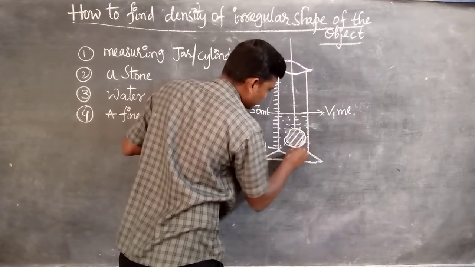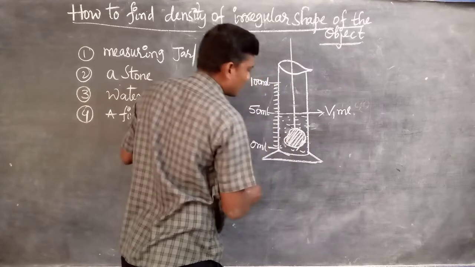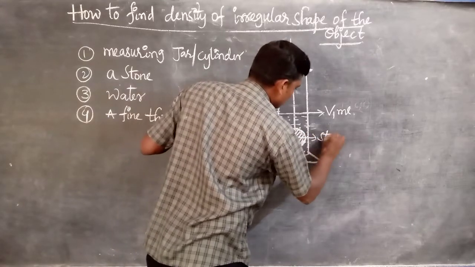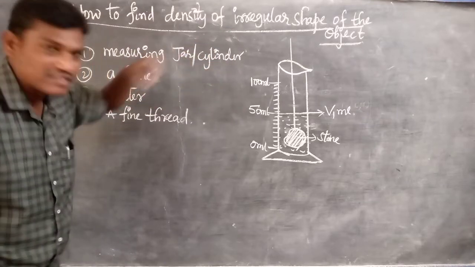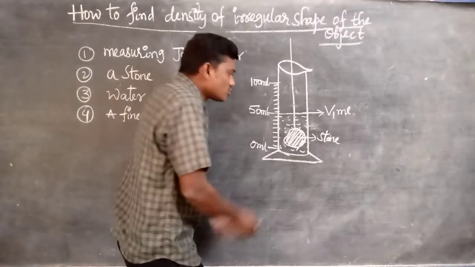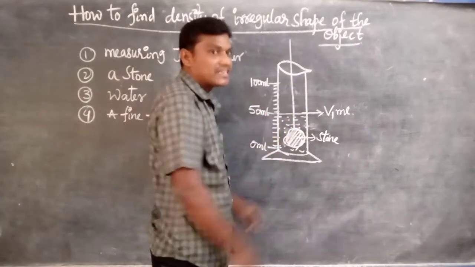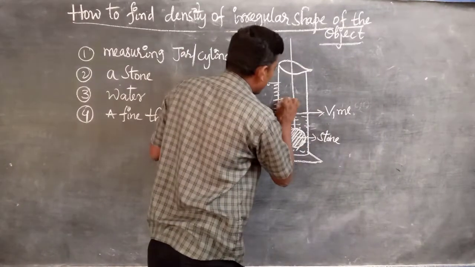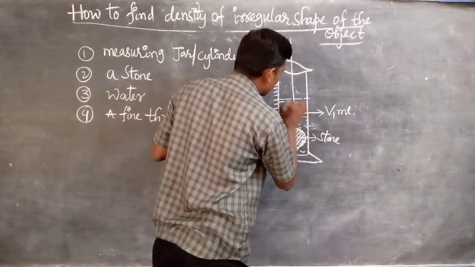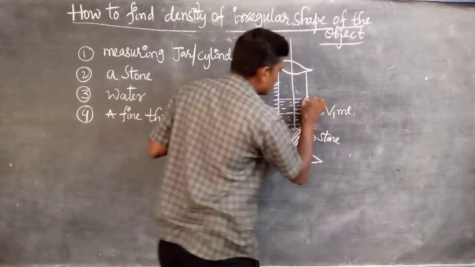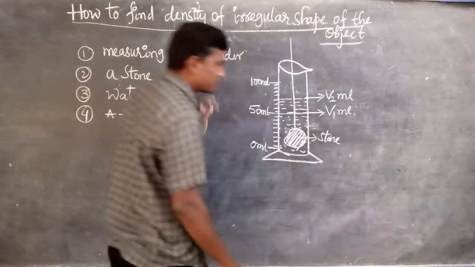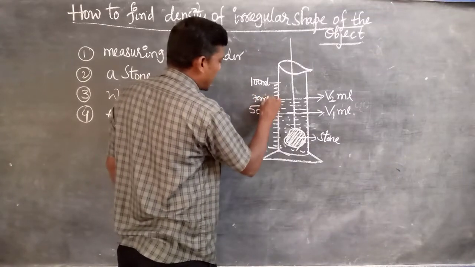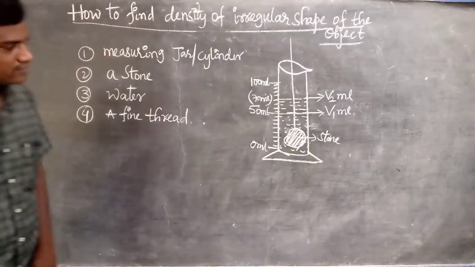When the stone is completely immersed in the water in the measuring cylinder, the level of the water rises slightly and reaches a particular level. That level we call V2 ml. For understanding, let us say it is 70 ml.